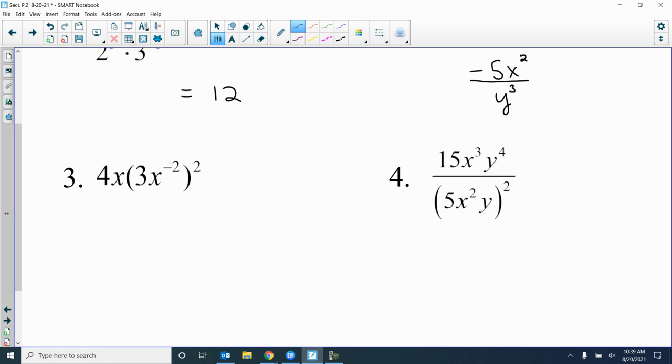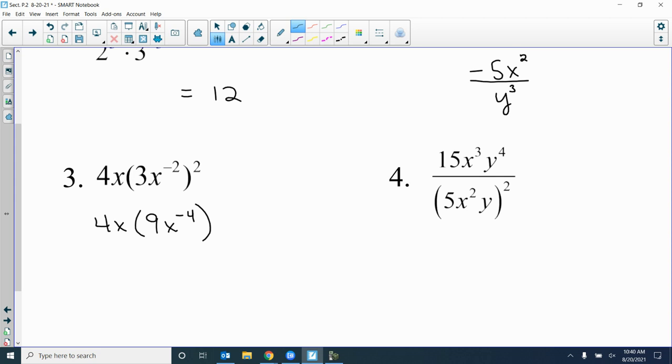You cannot multiply like 4 times 3. You cannot do anything until we take care of this power on the outside. So this is going to be 4x, and then that's 3 squared, which is 9, and now that's x to the negative 4th. So you got to take care of that piece first before you go any further.